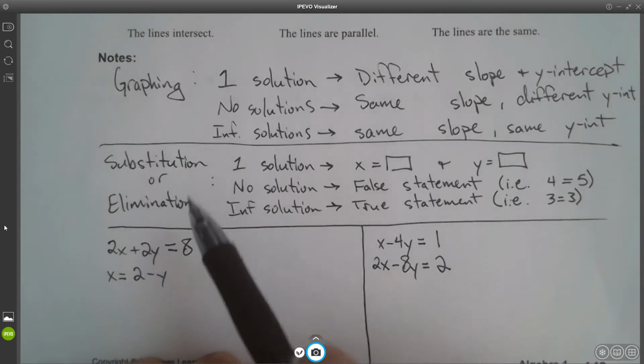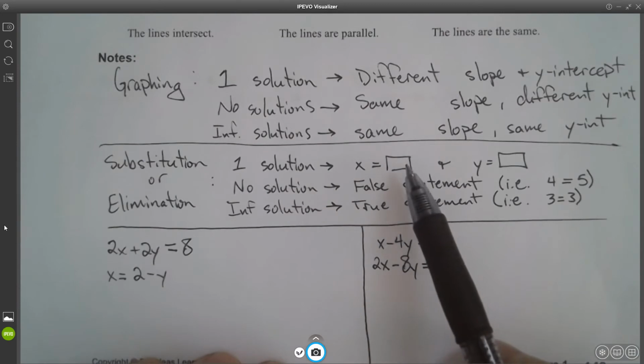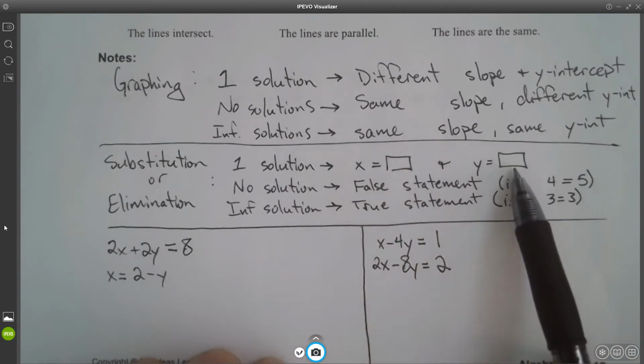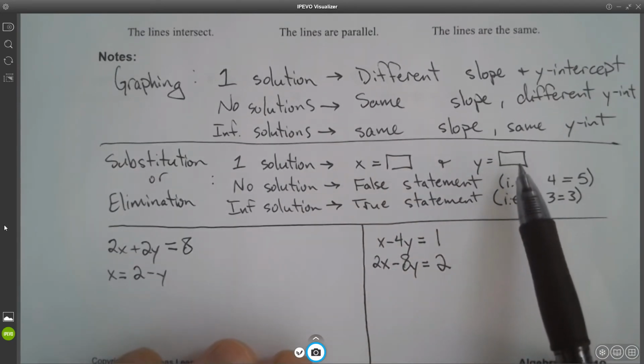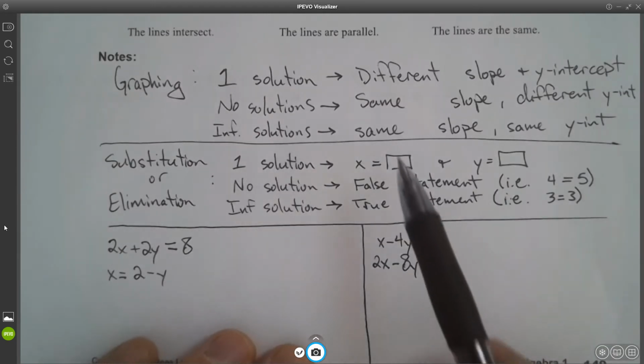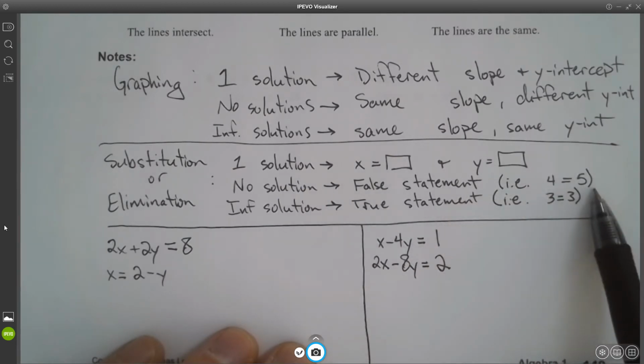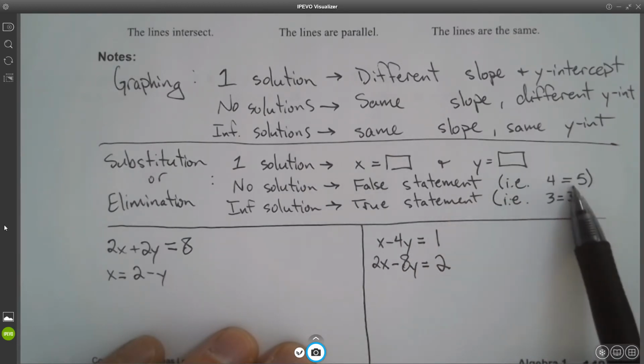When we're solving algebraically, if we find a number for x and then can substitute that back in and determine a number for y, that means we have one solution or one point. But if we're solving and we end up with a false statement, for example, 4 equals 5, that's not true.